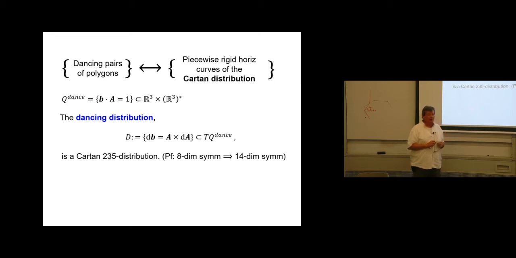Correct, but it's very difficult. In our proof that there are no dancing pairs of pentagons, for example, we work up there. We show that there's no closed horizontal polygon on this Q. That's much easier. It becomes a quite elementary exercise when you work up there.